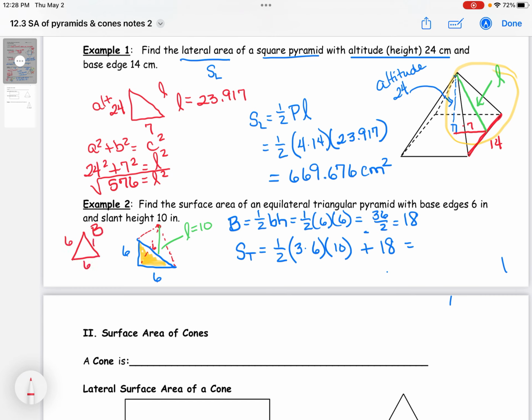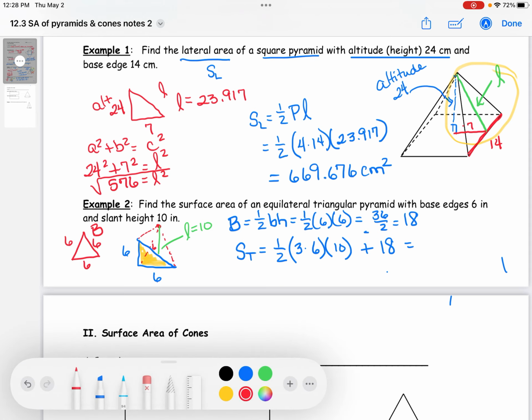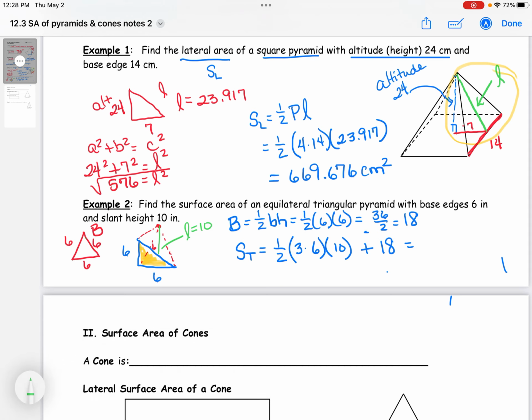This is 6 and 6 and 6, and I need the height. If you remember, that's a 30, 60, 90. So the height of this is going to be 3 times the square root of 3.